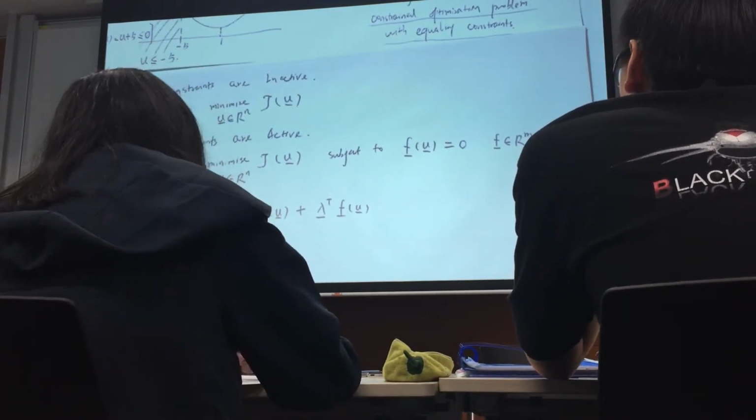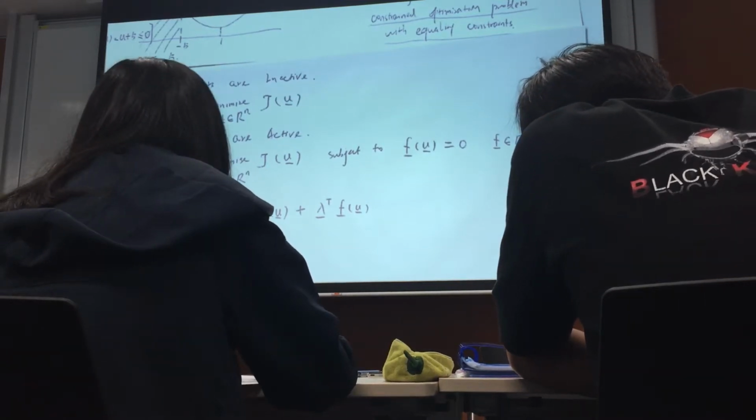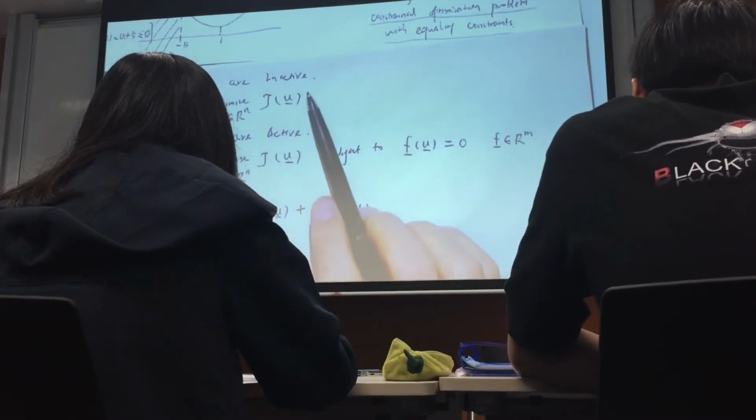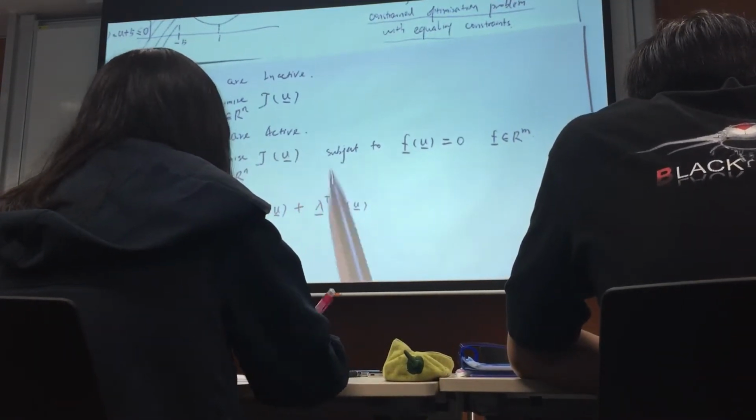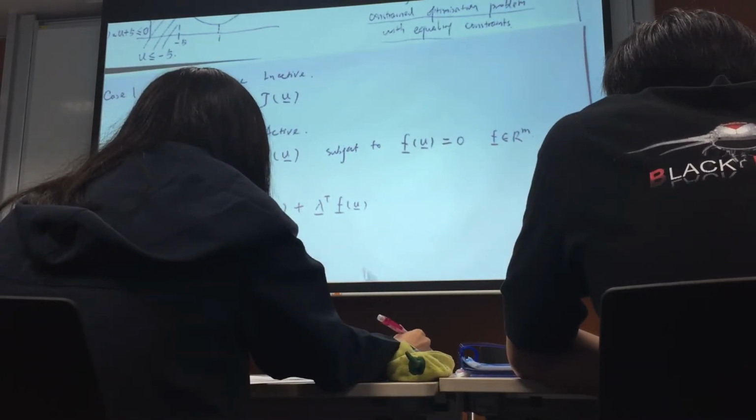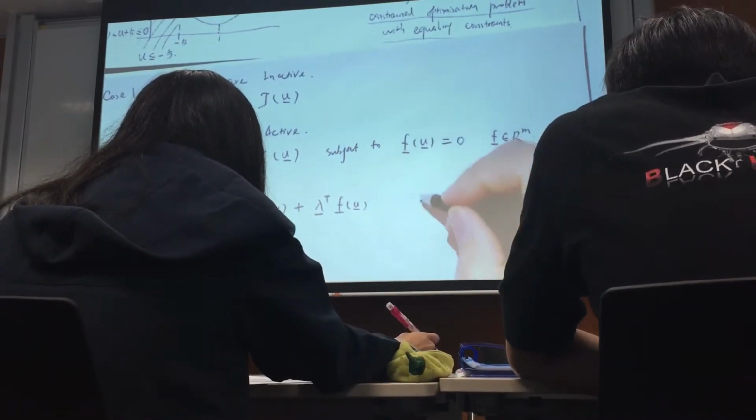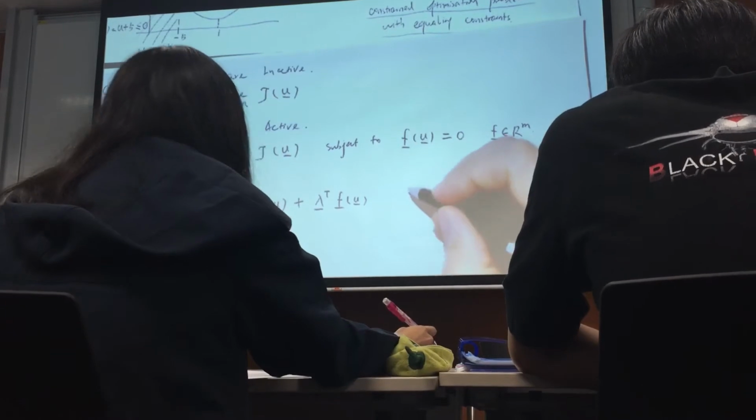So next we can check whether the constraints are active or not. So from here we know we totally got M constraints.